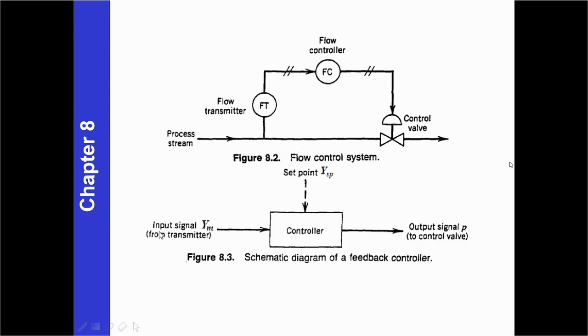Then we have the input signal YM from the transmitter, which is measuring the flow across this process stream. The controller will try to reach the set point by acting on the error, and that gives the output signal P that controls the valve. So this line refers to FT to FC to the control valve. This is the schematic diagram of a feedback controller.